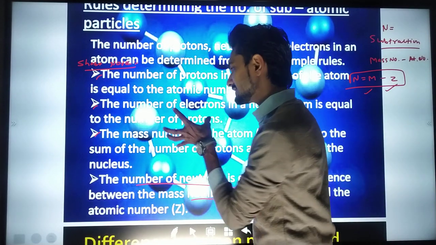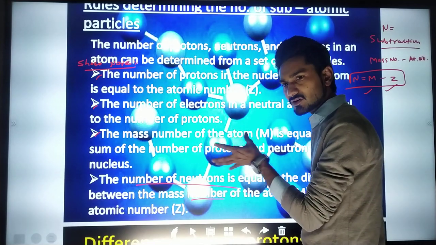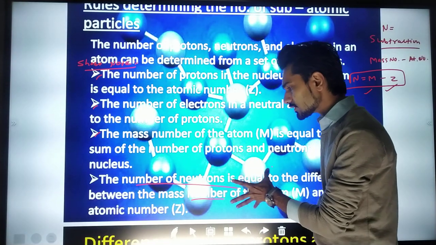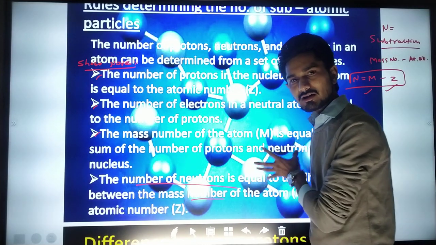So we make a formula: mass number minus atomic number.